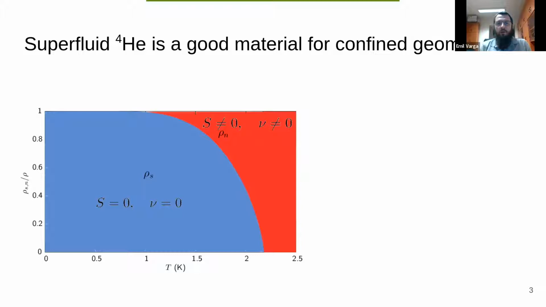Superfluid helium-4 is a stable phase of liquid helium-4 below about 2.17 Kelvin, and below this phase transition temperature, we can describe it as a mixture of superfluid and normal fluid components, where the superfluid component carries no entropy, no viscosity, and the normal fluid component has both entropy and viscosity.